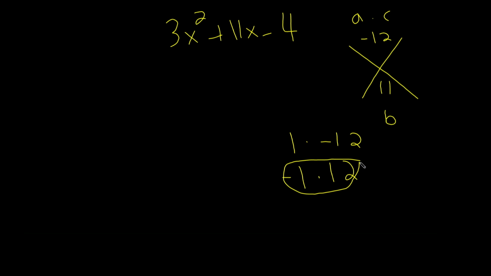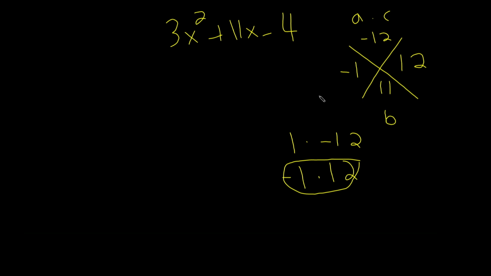I'm not going to waste your time and write down all the factors of negative 12, because we already found our two numbers. So now we're going to write them right here on the left and right. It doesn't matter the order.